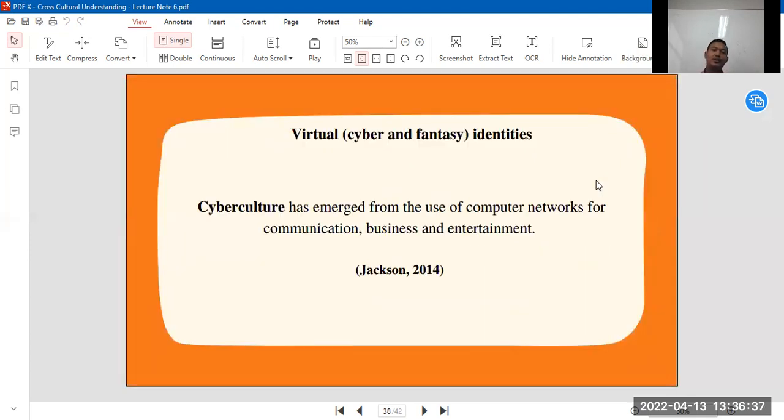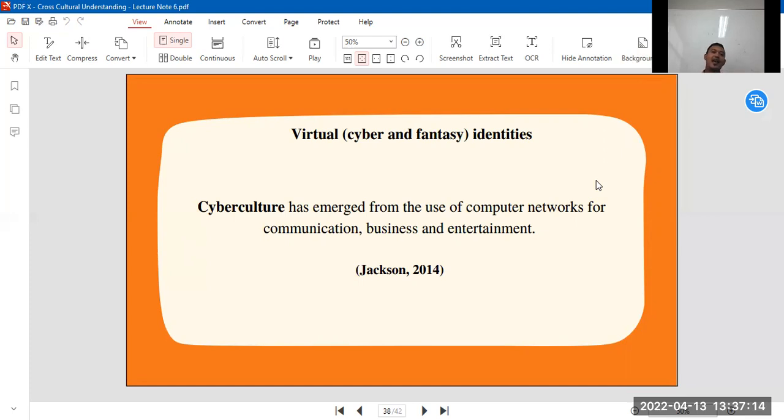And virtual, cyber, fantasy identity. Cyber culture has emerged from the use of computer networks for communications, business, and entertainment. In this era of advanced information technology, cyber culture gives us the opportunity to communicate, to see, to meet many people from other places. And we can also have a group. We can have identity groups.